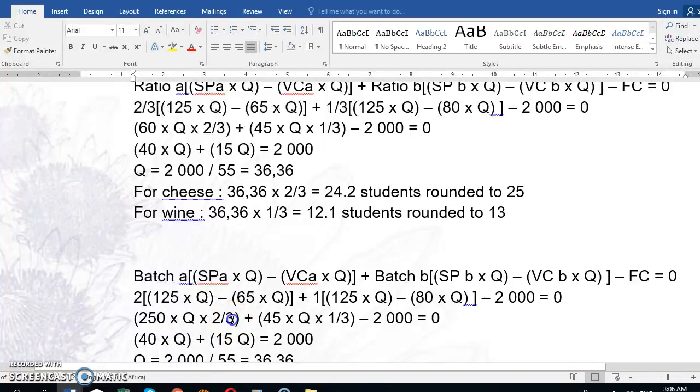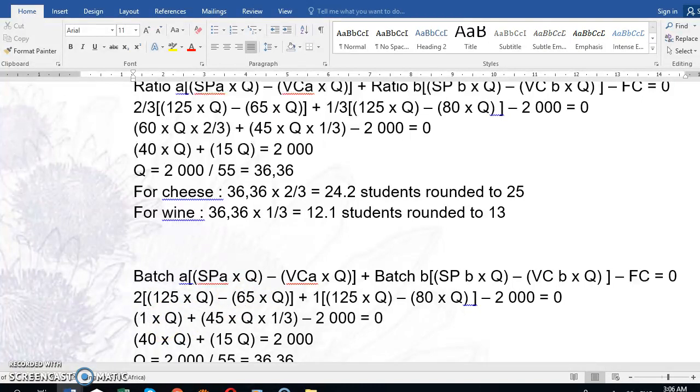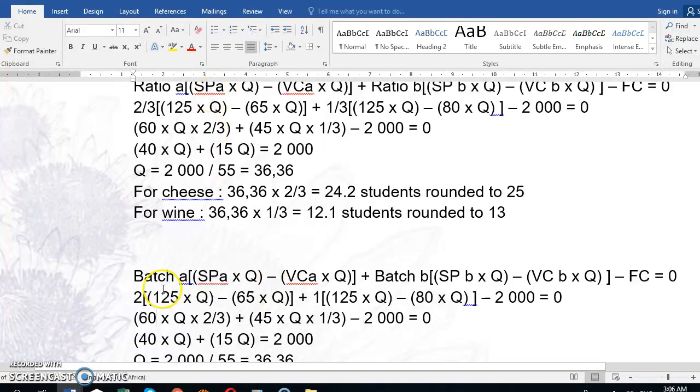Let me not jump the gun. 125 minus 65 is 60, and that gets multiplied by 2.